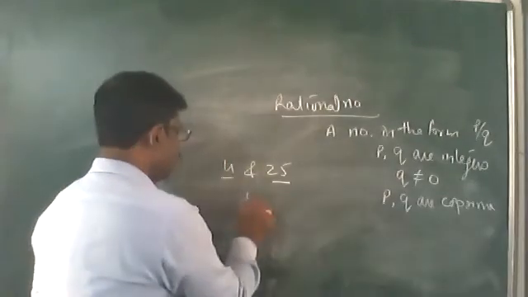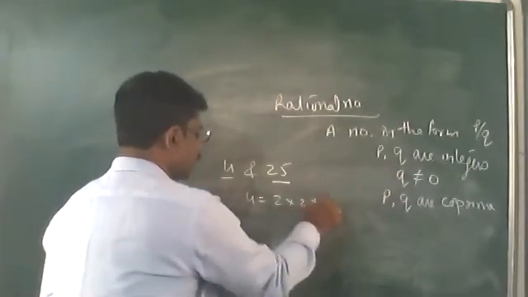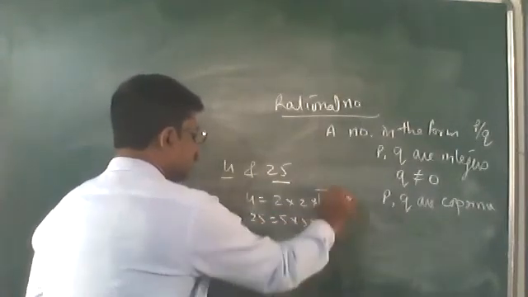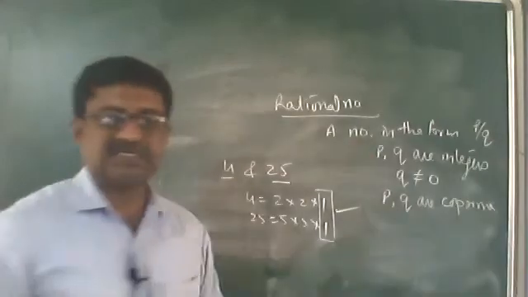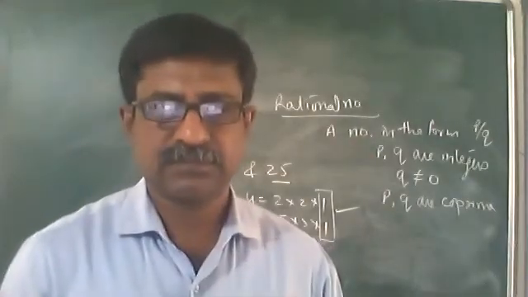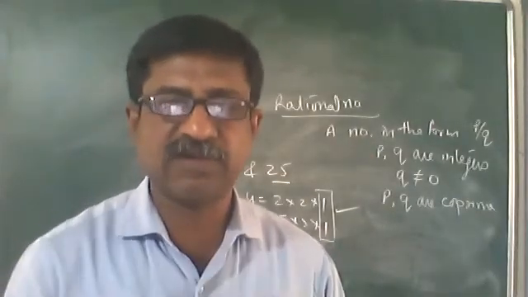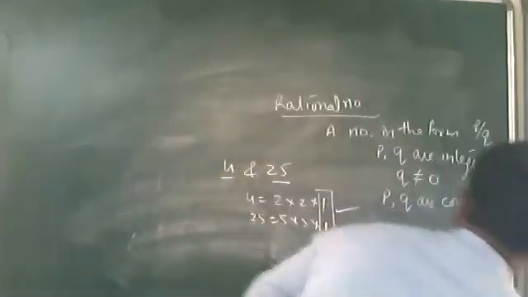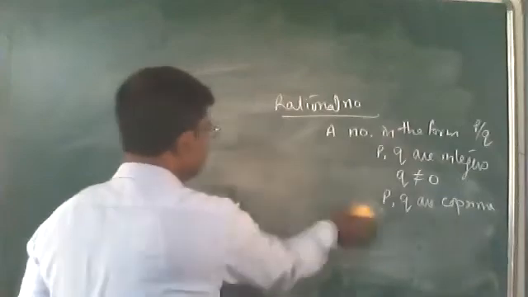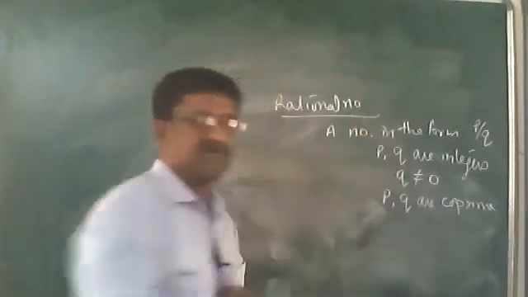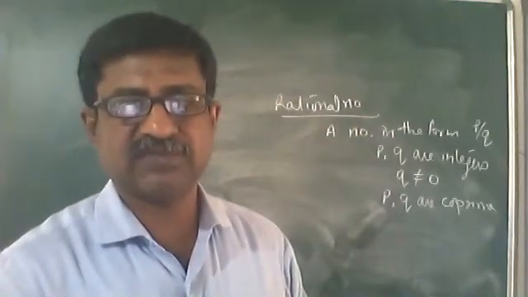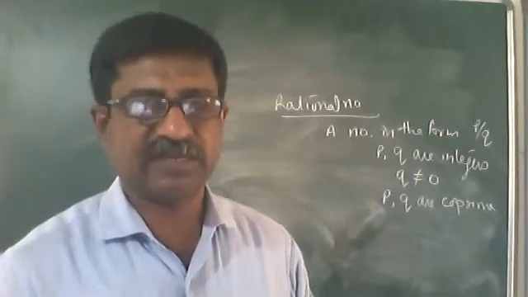The factors of 4 are 2 into 2 into 1. 25 is 5 into 5 into 1. The highest factor common in these two is 1. Their HCF is 1. That's why 4 and 25 are co-prime numbers. Now we have learned the definition of co-prime numbers. The definition of rational number you have already learned, only this was new, therefore I explained it to you just now.